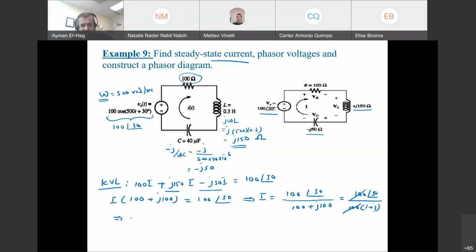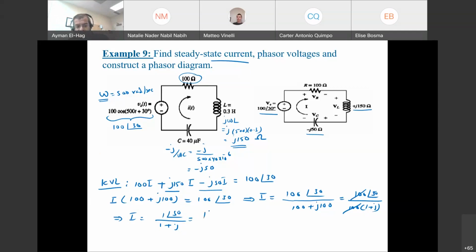So your I will equal 1 angle of 30 divided by 1 plus J. Now here I'm dividing a polar with a rectangular. I cannot do this, because I cannot divide polar with rectangular. So I have to have everything in polar.